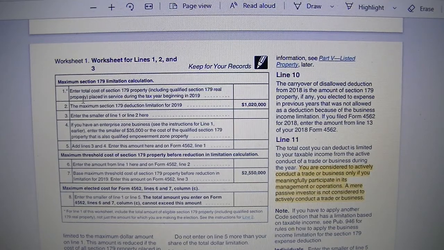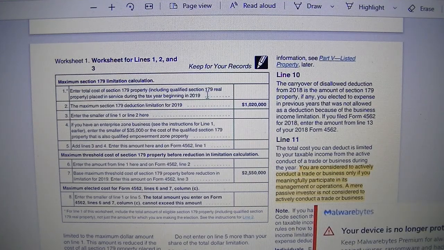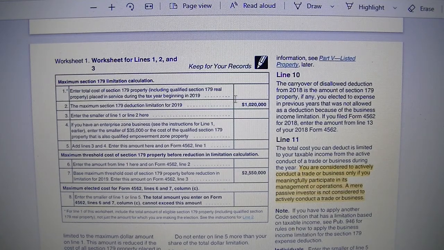So let's take a look at the worksheet. Maximum Section 179 limitation calculation. So enter total cost of Section 179 property, including qualified Section 179 real property placed in service during the tax year beginning, we'll just say 2020. So you put all the costs on line 1 here, and you'll have pretty much the maximum 1,040,000 on line 2.